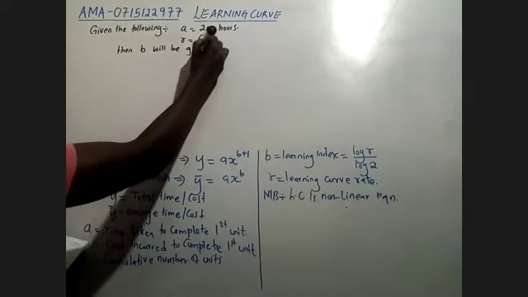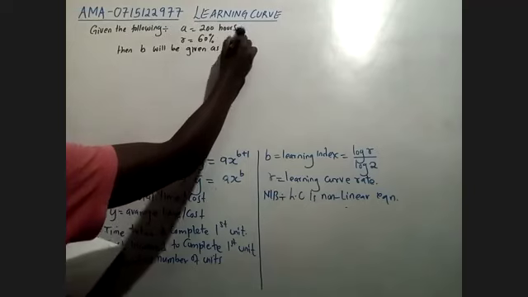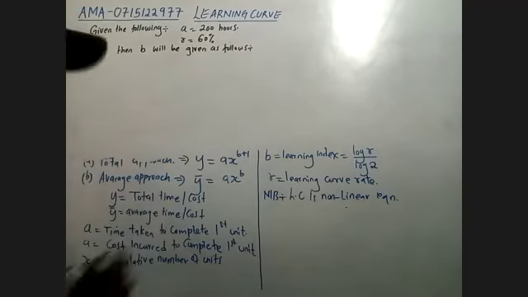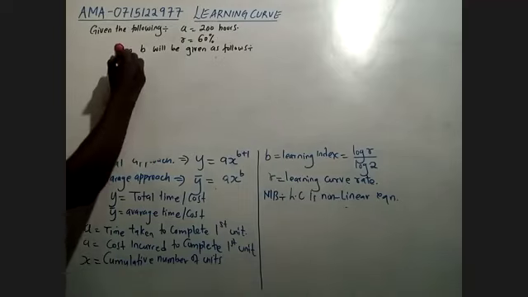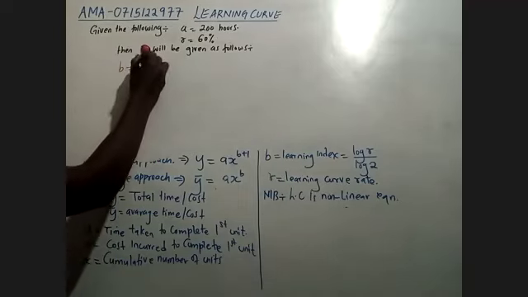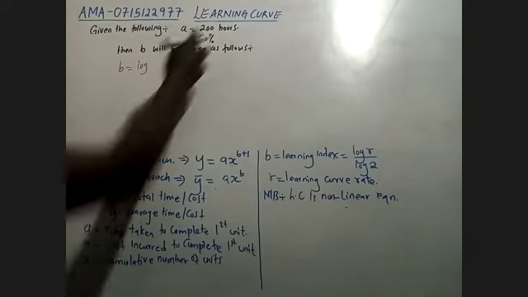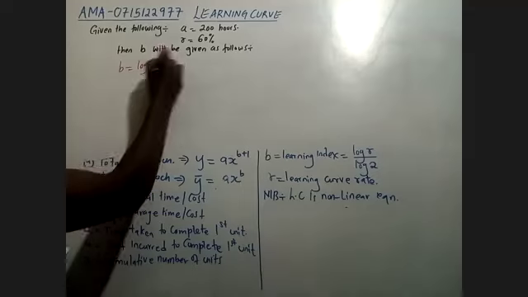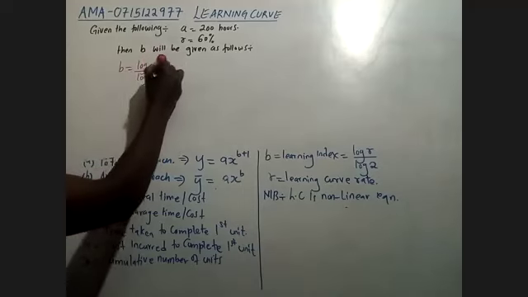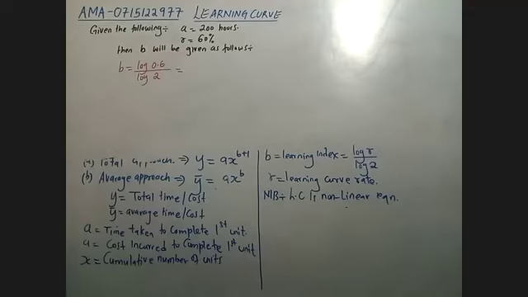So B ni log of R. Remember our R is our rate, the running rate, which is 0.6, over log 2. So what will be the answer for that one?